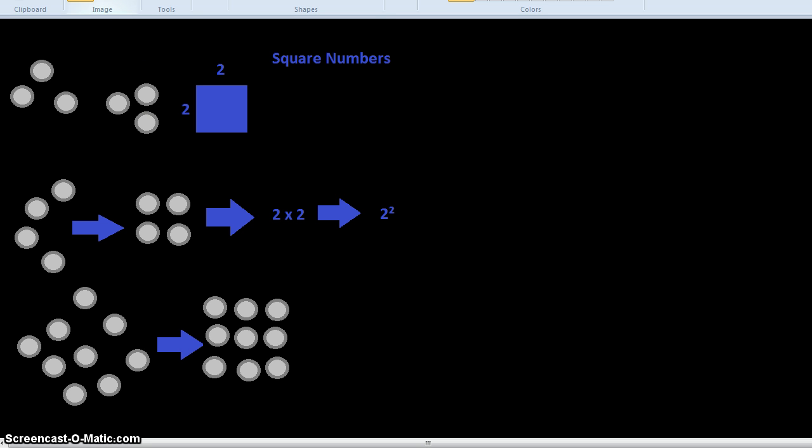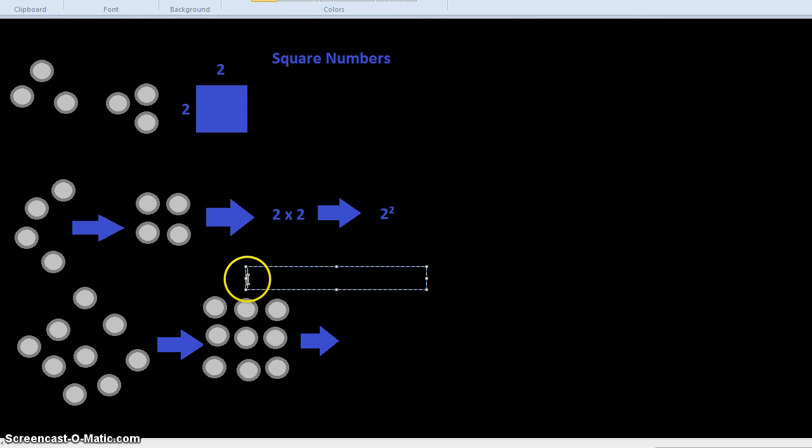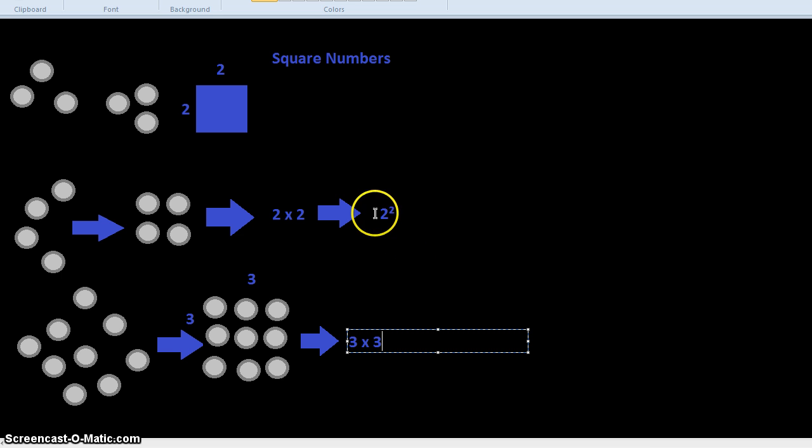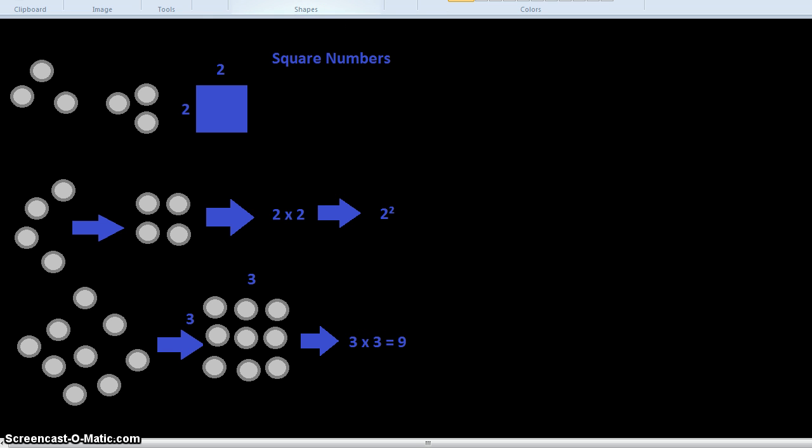And that is because this is 3, in fact I'll draw it on the top just to make it even clearer, 3, then along the side 3, it is the area 3 times 3, which equals 9. So 9 is a square number, because with 9 rocks, you can form a perfect square. So we would write 9 squared.